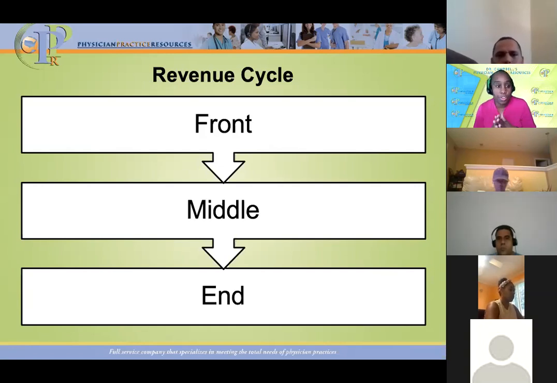If you talk to a member of the Healthcare Financial Management Association, they will tell you that the revenue cycle has a front end and a back end. But if you talk to a HIM professional, they will tell you that the revenue cycle has a front end, a middle, and a back end.